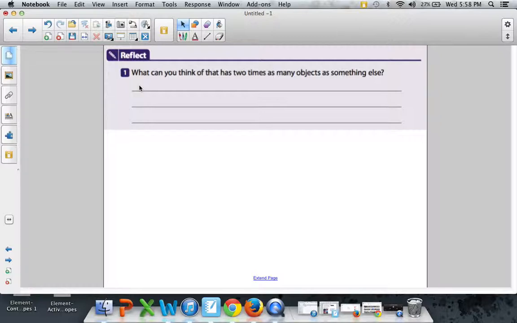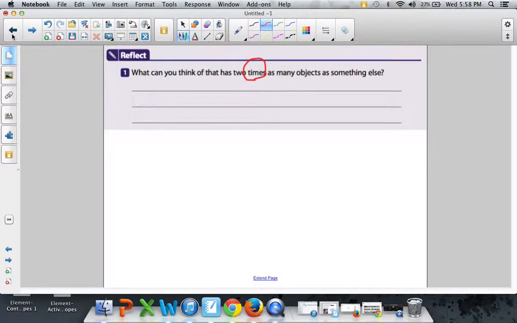So, basically, they want you to look at page 45. And you'll see a bar model, and you'll see that when something is getting bigger, you would say it's getting bigger by that many times.